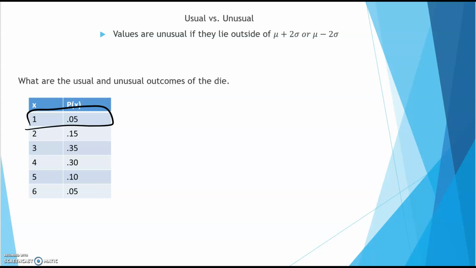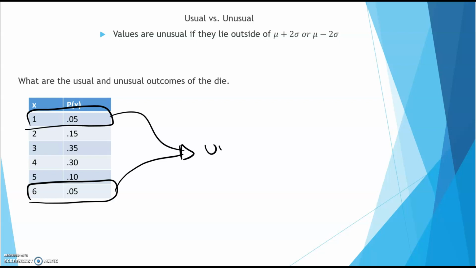That's greater than 0.05, so is this, so is this, so is this. This is equal to 0.05. So that means both of these are unusual outcomes, while the rest of it, this, and this, these are all usual outcomes.